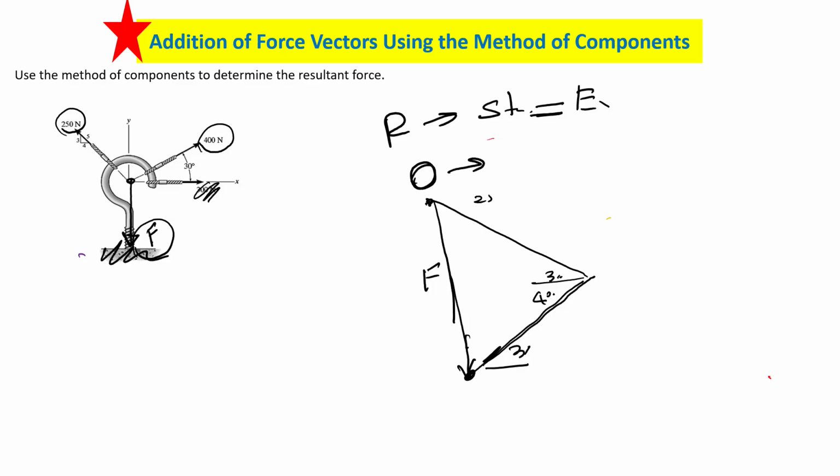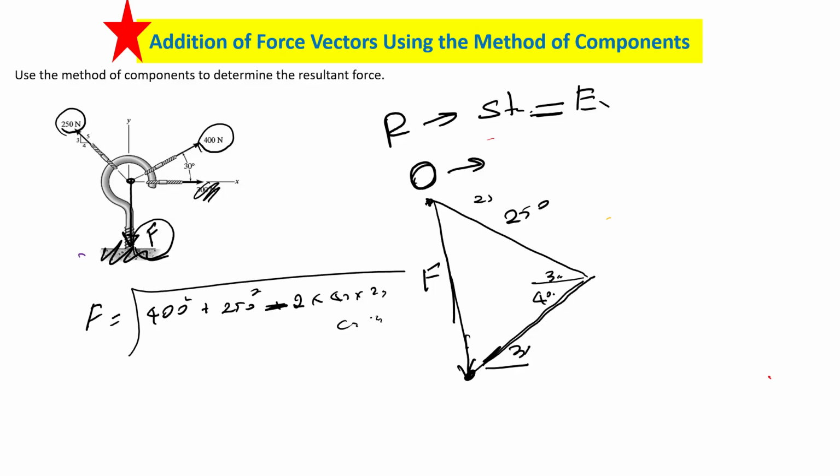So how do you find the F? F is equal to what? 400 squared plus 250 squared minus 2 times 400 times 250 cos 61. Square root of this will give you F. Am I right?